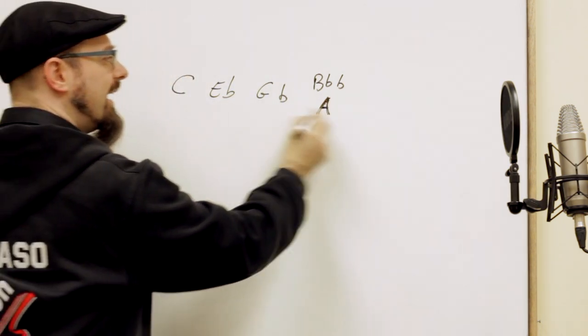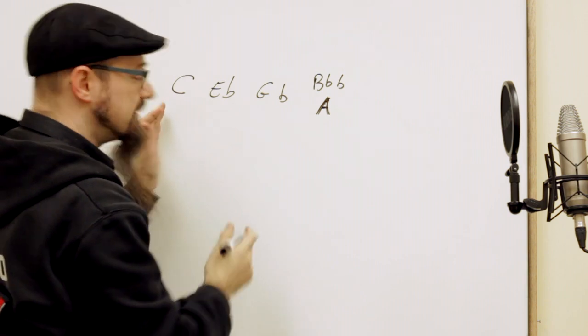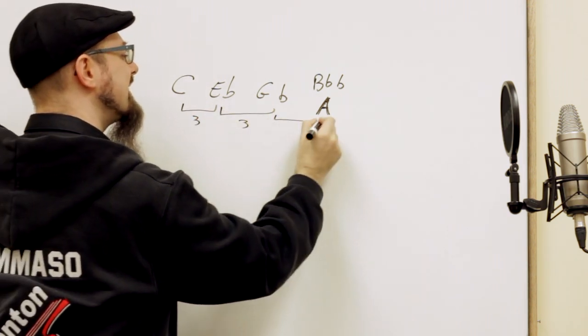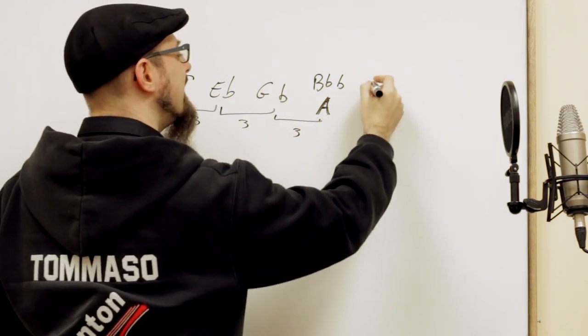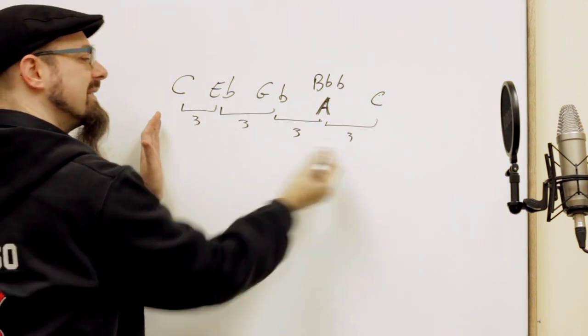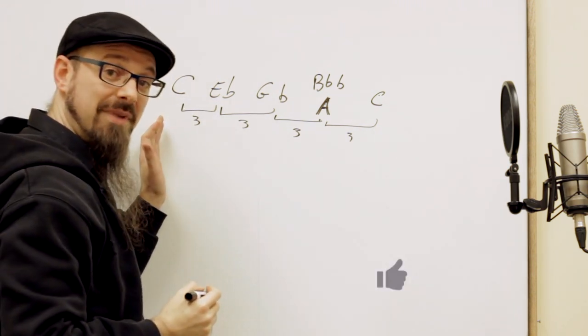But if I look at the intervals between those notes, there are 3 half steps here, 3 half steps here, 3 half steps here, and to the next C there are another 3 half steps. You see that it's the same distance. This chord is completely symmetric.